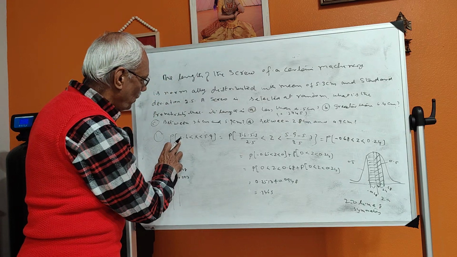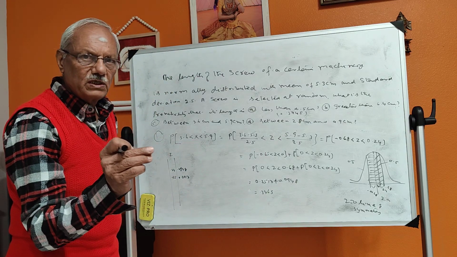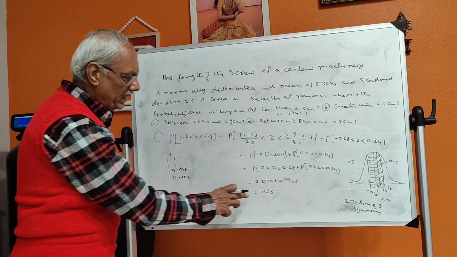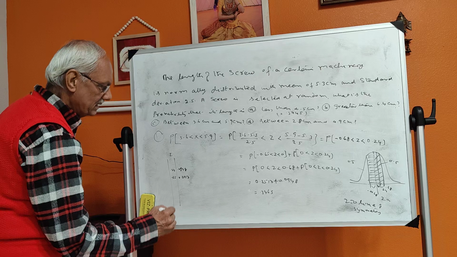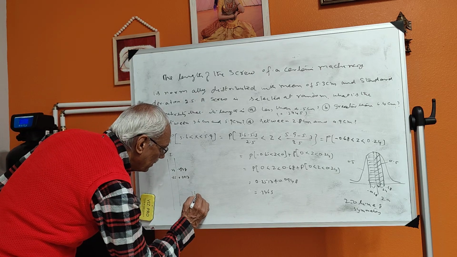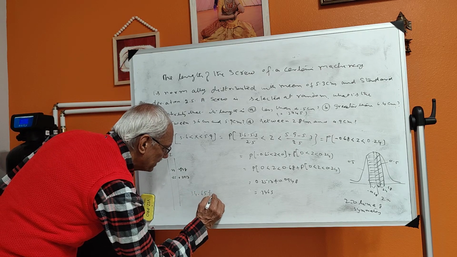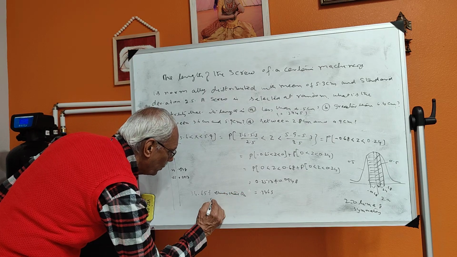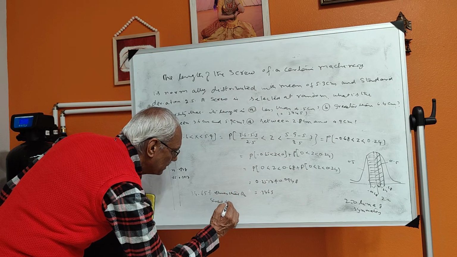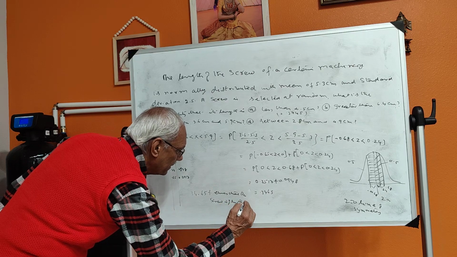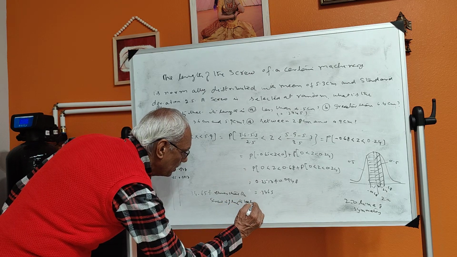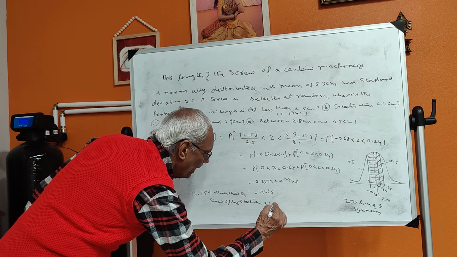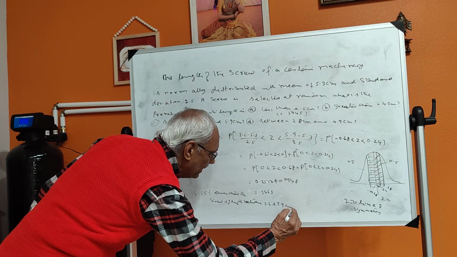So the probability that the screw that we have chosen has length between 3.6 and 5.9 is 0.3465, that is 34.65% chances that the screw is of length between 3.6 and 5.9 centimeters.